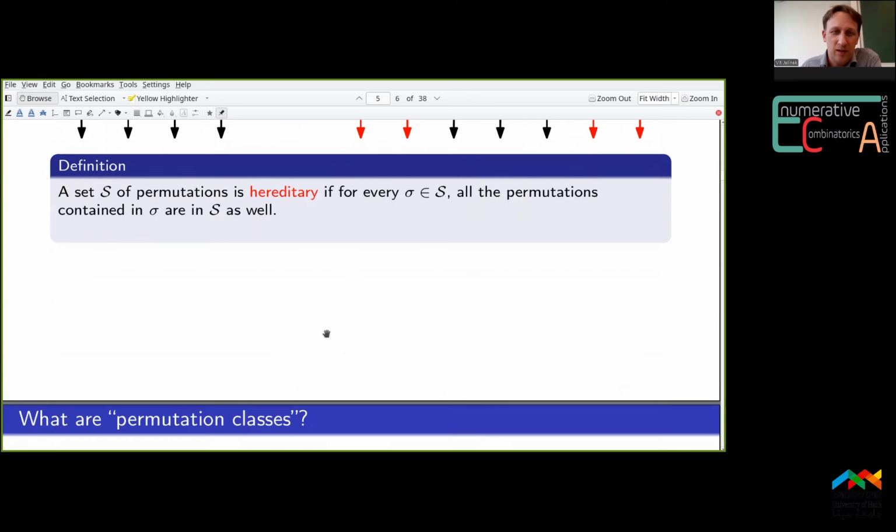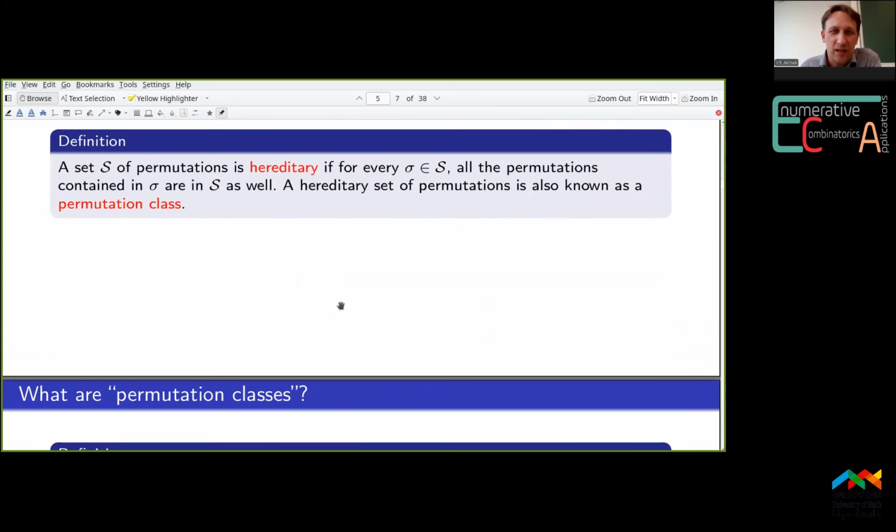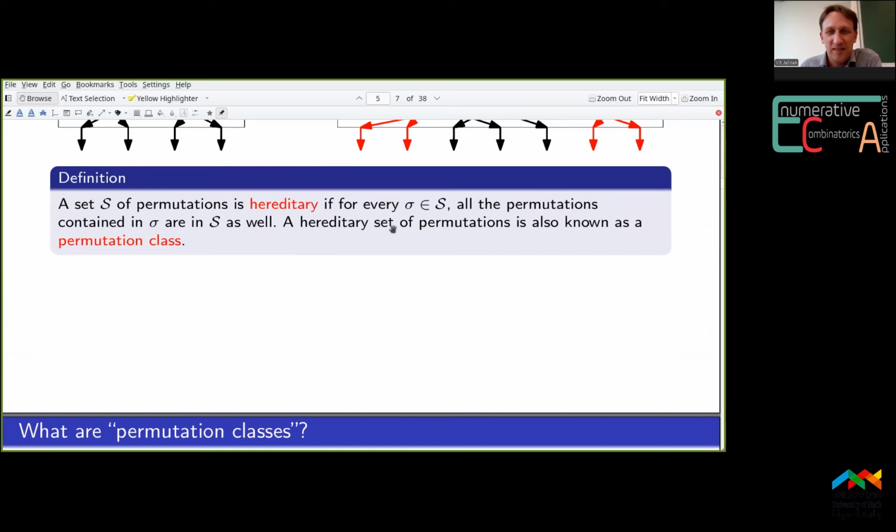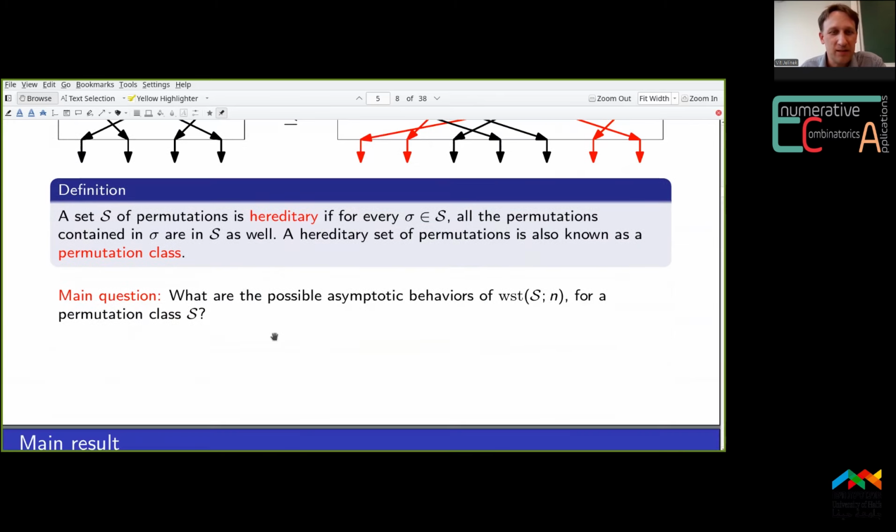And in this area, hereditary sets of permutations are also known as permutation classes, and that's the terminology that I will be using. And now I can finally tell you what question I will be addressing. So the question is, what are the possible asymptotic behaviors of the worst case sorting time for a permutation class?